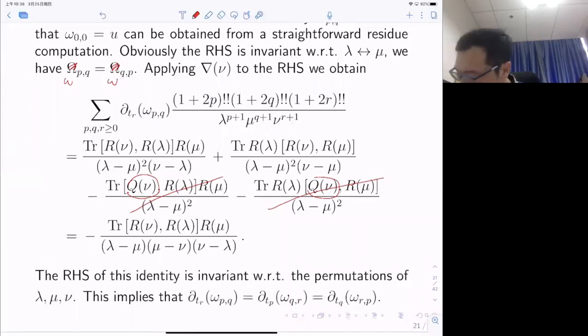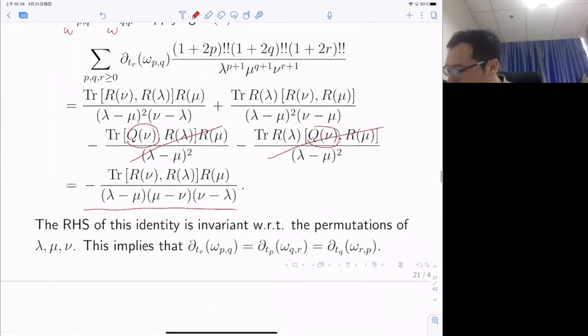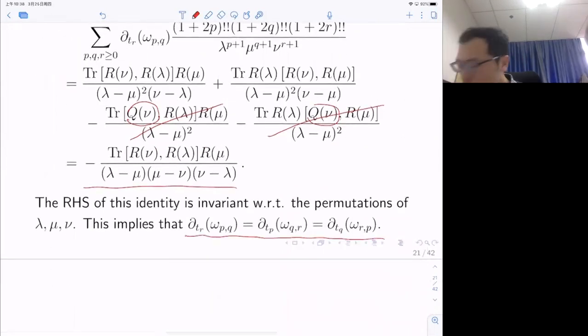So then you only get this, and this is also totally symmetric in permutations of lambda, mu, nu. So this gives the tau symmetry, the condition of the tau structure.